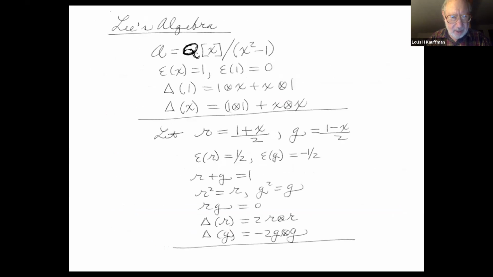The Lee homology can be rewritten by writing (1 plus x) over 2 and (1 minus x) over 2. And then you find that you get generators R and G, which have the property that their product is just 0. And the coproducts are tensor products of R with some signs and a factor.